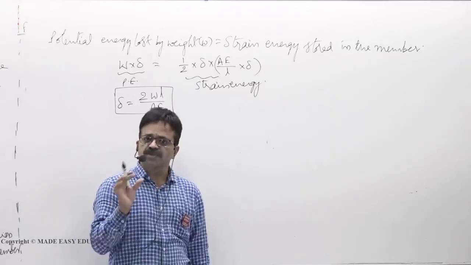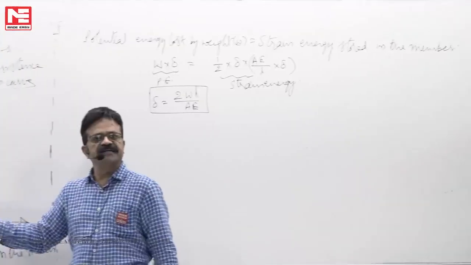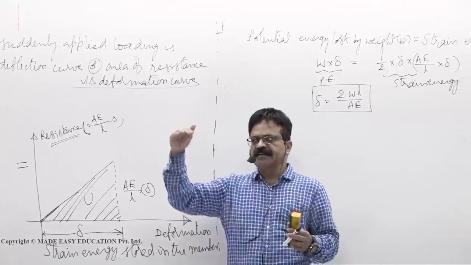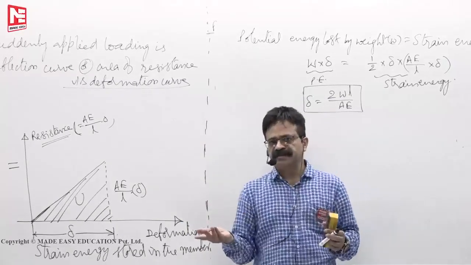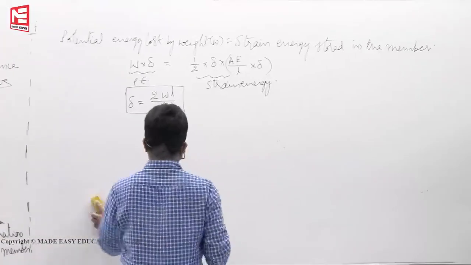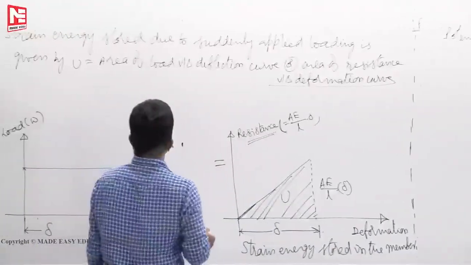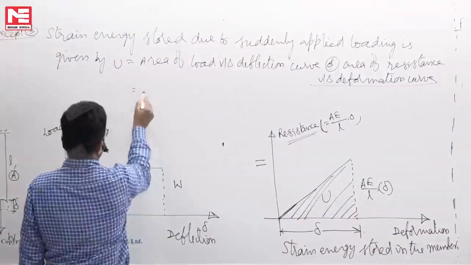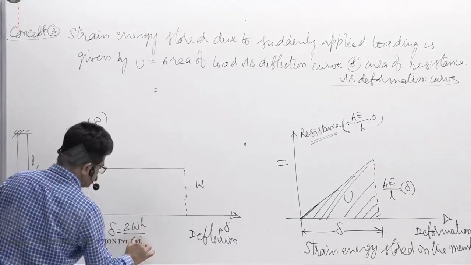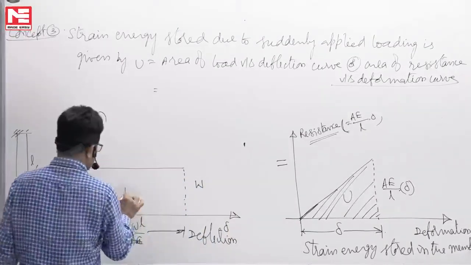If deformation is 2 WL by AE, only then rectangle area and triangle area will be equal. That means when you apply the load suddenly, the deformation is 2 times WL by AE. Like this. So this is 2 WL by AE. Now you can calculate the area of the load versus deflection curve. This delta you just calculated has to be 2 WL by AE, only then this and this areas are equal.